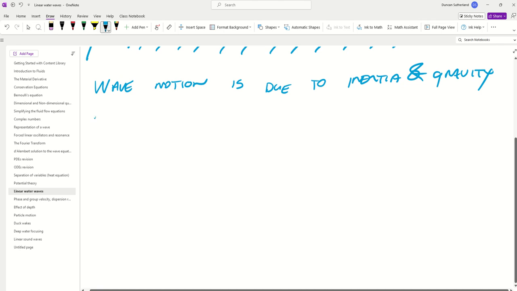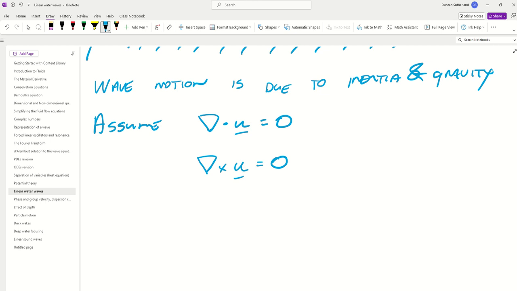We're going to make some assumptions. We're dealing with water, so we're making the incompressible flow assumption. We're assuming that the flow is irrotational. Now, we get away with this assumption because these waves are quite big compared to the turbulence scale.